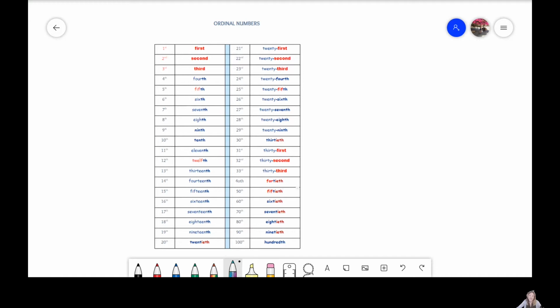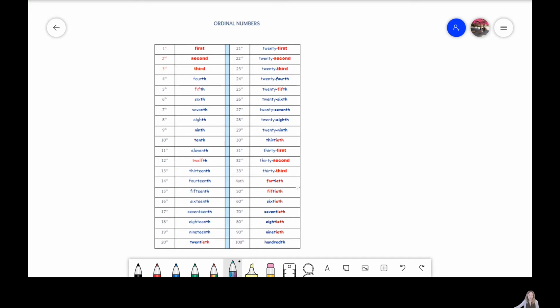For example, if there's a line of kids, you can tell who's first in line, or second, or third. We need the ordinal numbers in English to say the date because we want to say that it's the 3rd day of March or the 8th day of January.